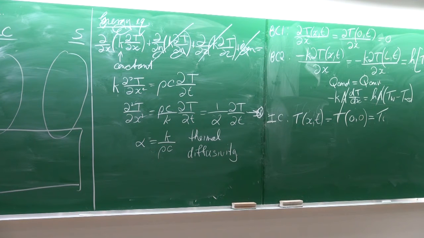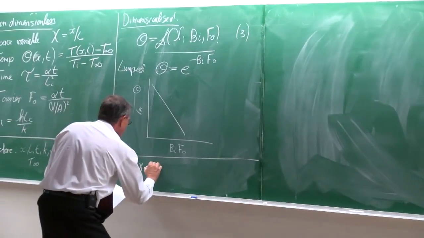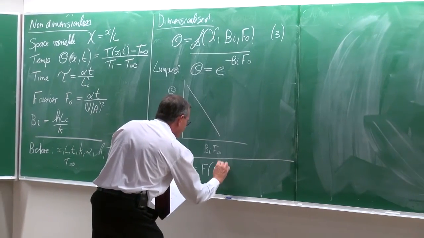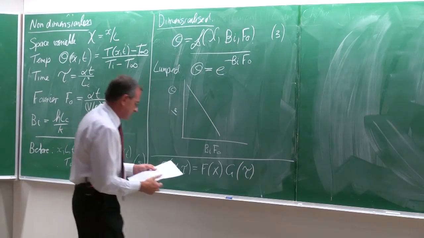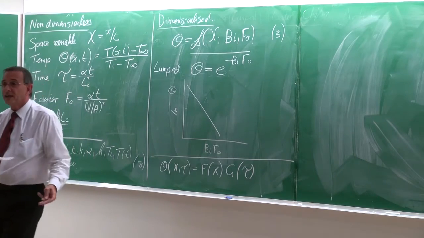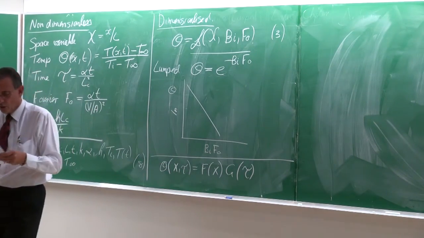So the equation at the end of the day reduces to the non-dimensionalized temperature, which is a function of x and tau, equal to f, which is a function of x, times g, which is a function of tau. In this format, f is a function of x only, and g is a function of tau only.